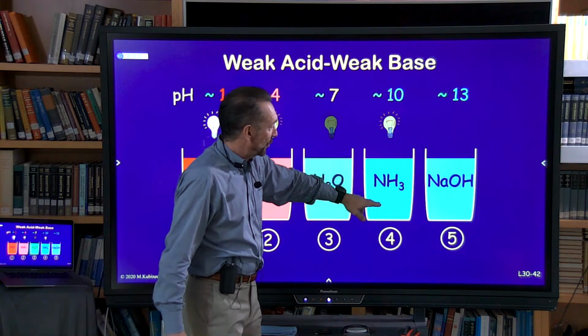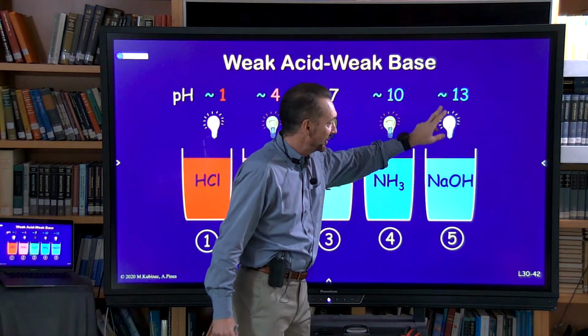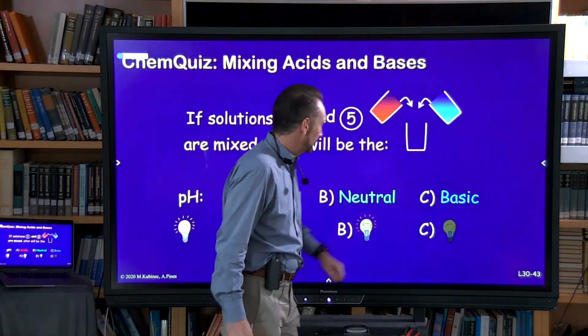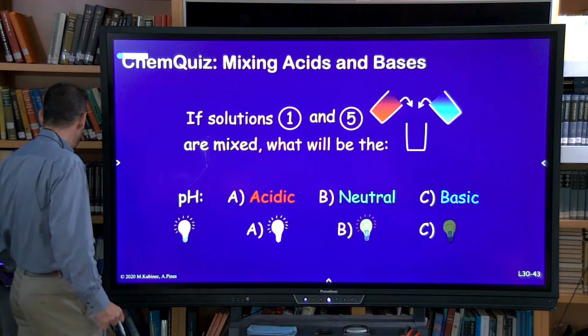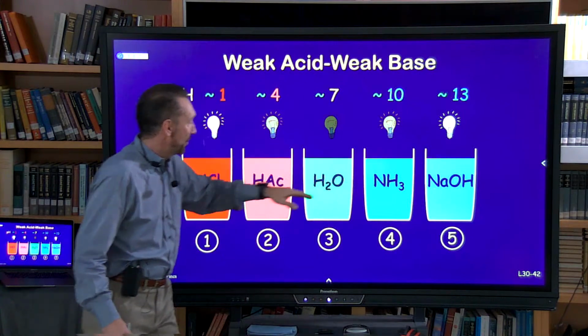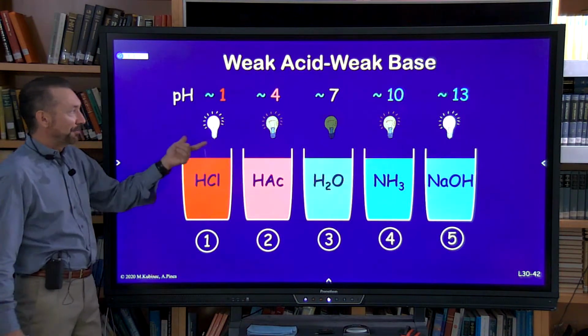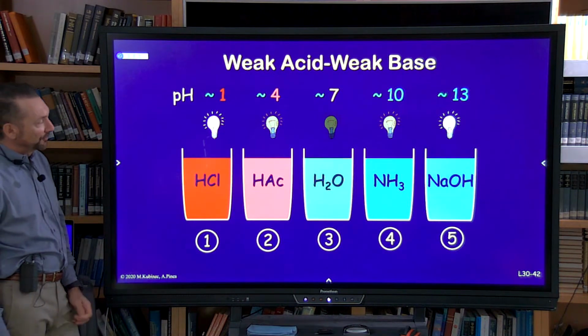The weak base, same situation, some ions, and then for the same amount of base added, a brighter light. So lots of ions, fewer ions, no ions, few ions, lots of ions. So the ionic strength, the brightness of the light, we can also talk about.